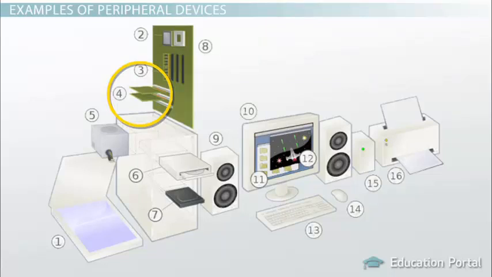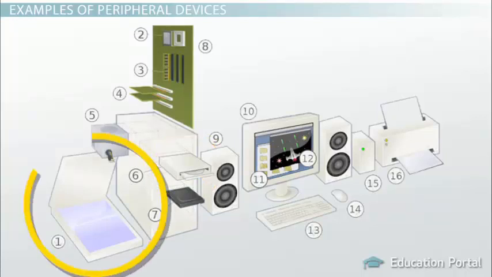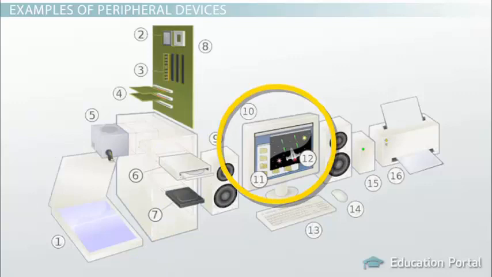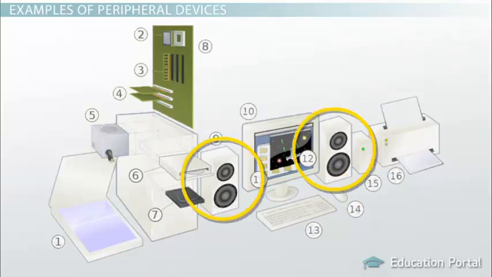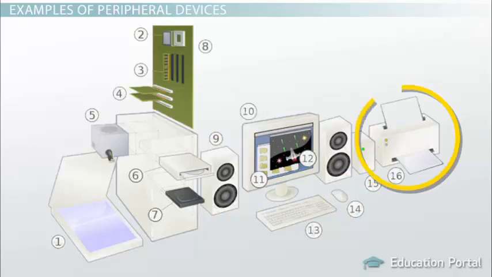Other internal peripherals shown are a hard disk, number 7, and an optical disk drive, number 6. External input peripherals are a scanner, number 1, display monitor, number 10, keyboard, number 13, and mouse, number 14. External output peripherals are a set of speakers, number 9, and the printer, number 16. Note that labels 11 and 12 in the figure refer to software and are not peripherals.